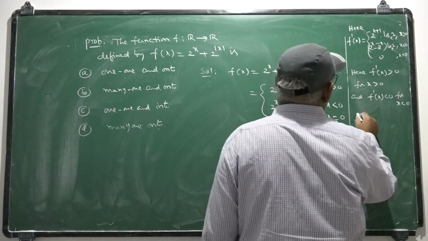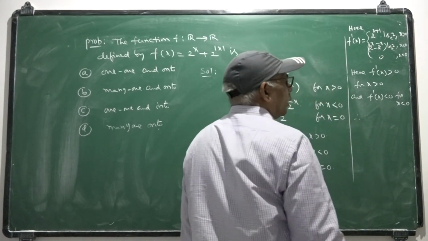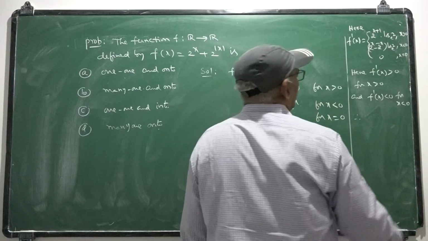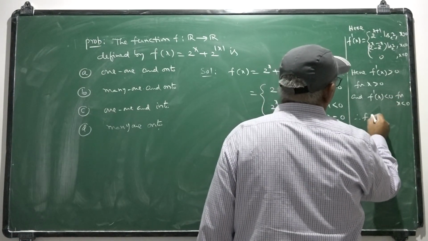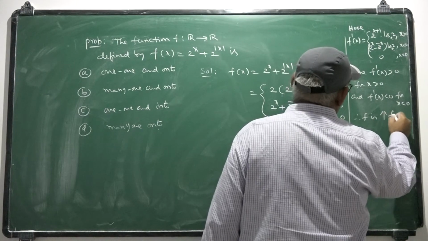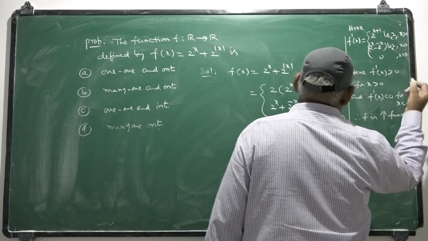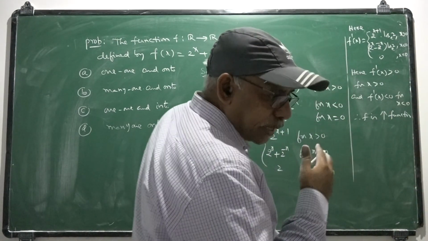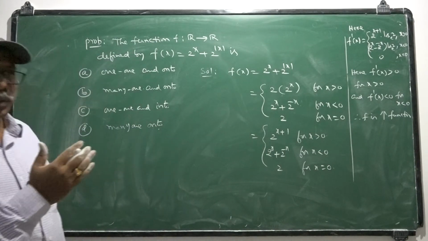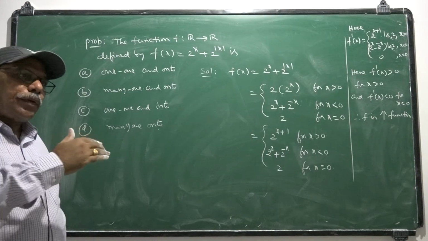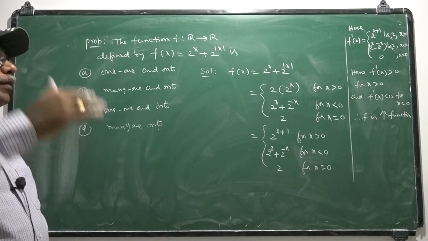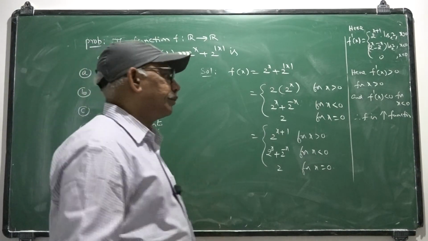Therefore f is an increasing function. As x takes negative values, f dash x is negative, but the values of the function are increasing.